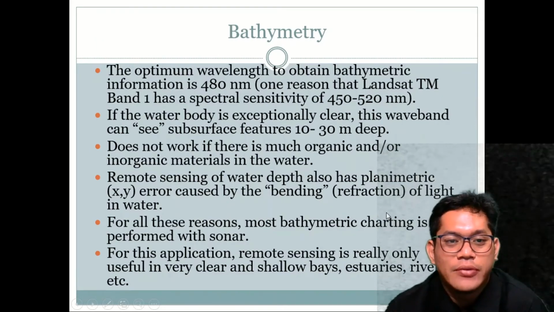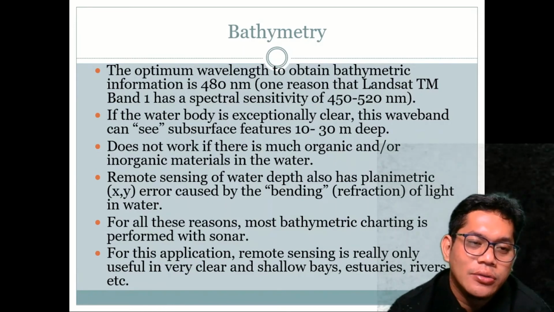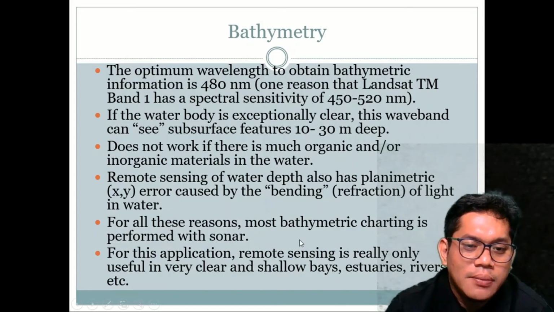Now we look into bathymetry. Basically, bathymetry is the idea to survey the bottom of the water. The optimum wavelength to obtain bathymetric information is 480 nanometers. If the water is extremely clear, it can go until 10 to 30 meters deep.